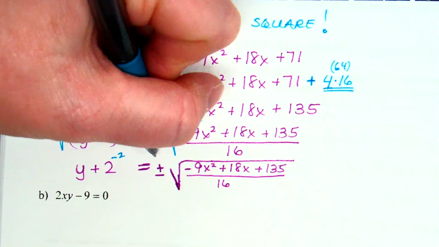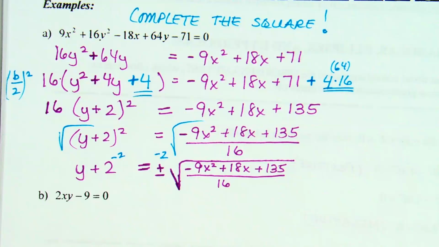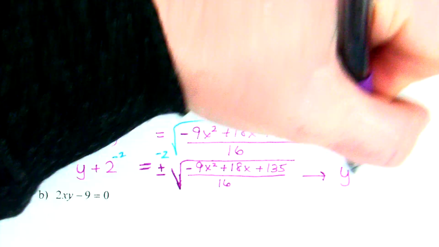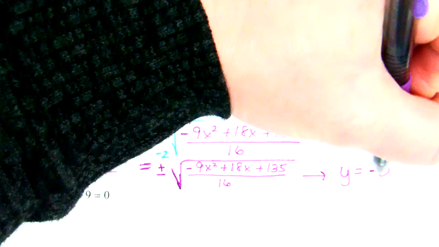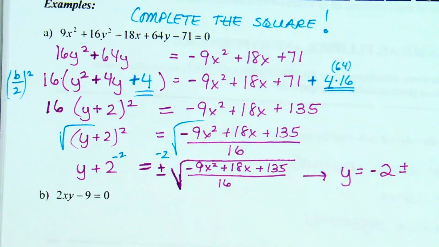Subtract 2. If I subtract 2 on the left, subtract 2 on the right, you guys know how I'm going to write this? I'm going to write it as y equals, I'm going to put that negative 2 out front, plus or minus.